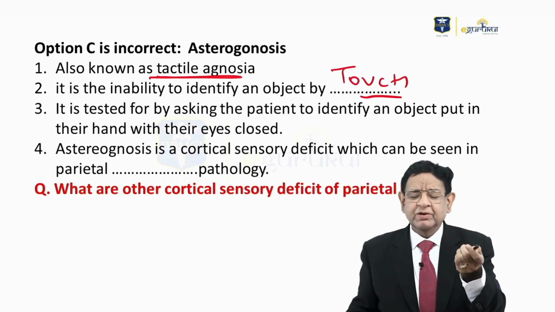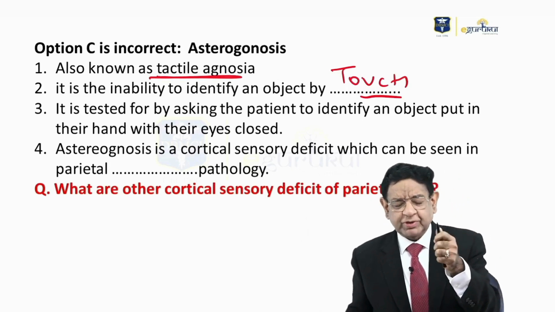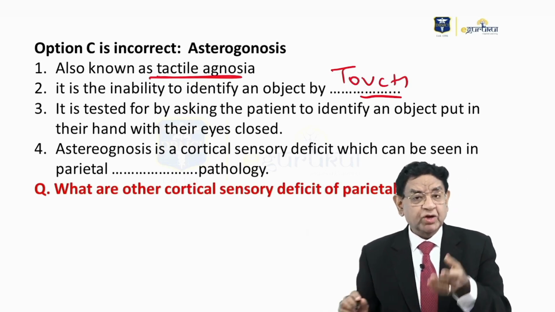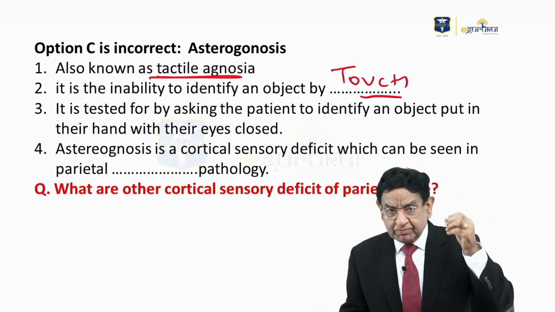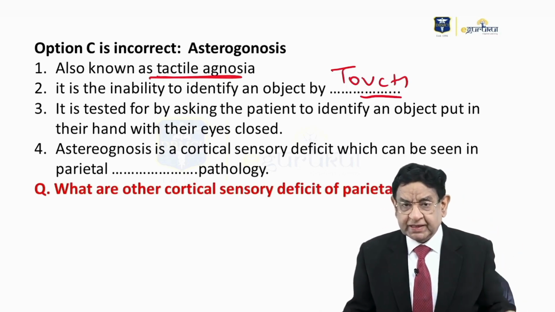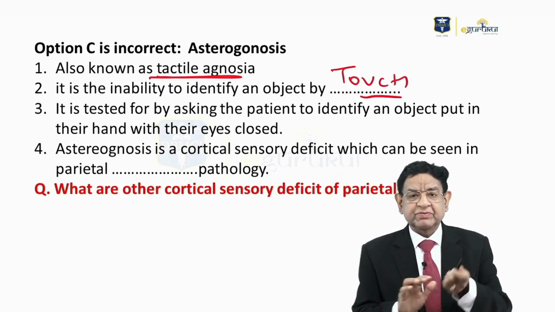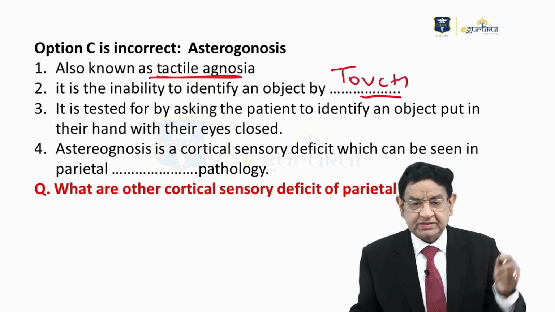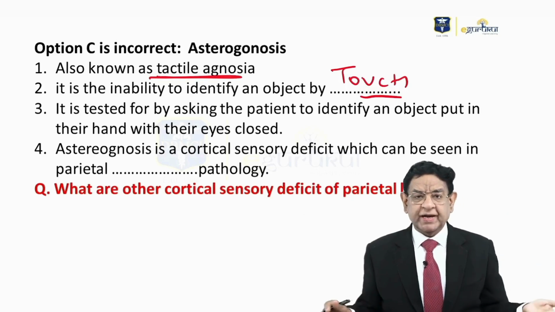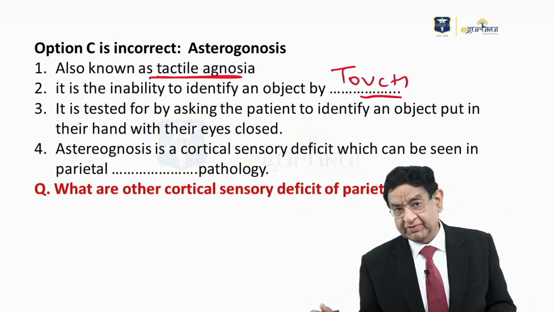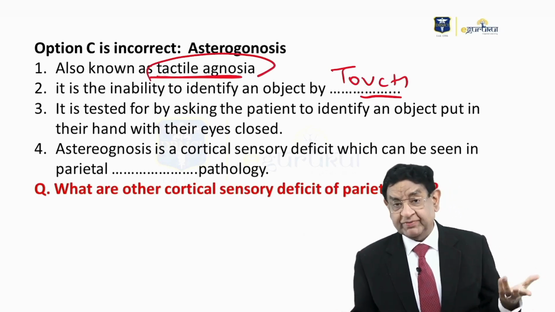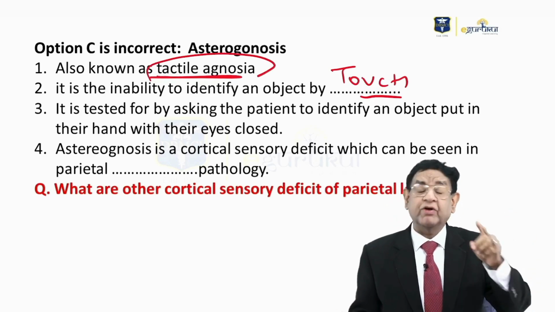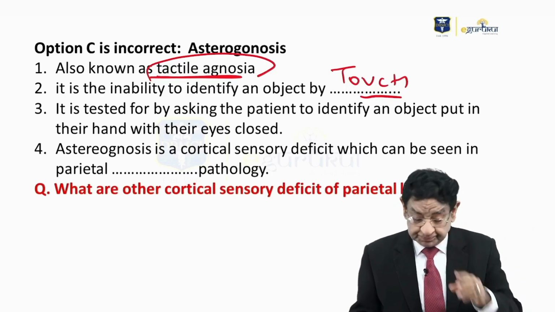Your eyes are closed and you can make out this is a pen. Of course, you know because you yourself have kept it. Otherwise, if somebody else keeps any object in your hand, by this feel you can say, okay, this is a pen, it's a coin, or whatever it is. This is tactile gnosis. We are able to identify by touch only, while our eyes are closed.